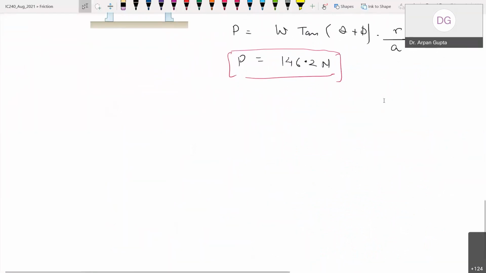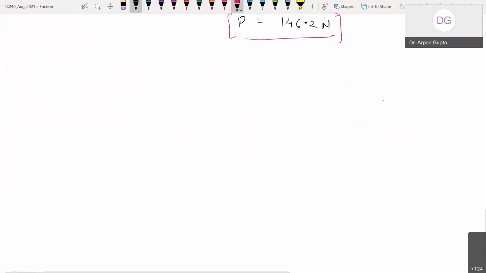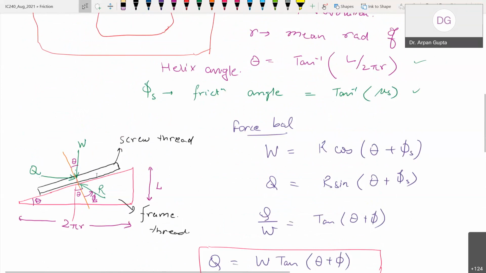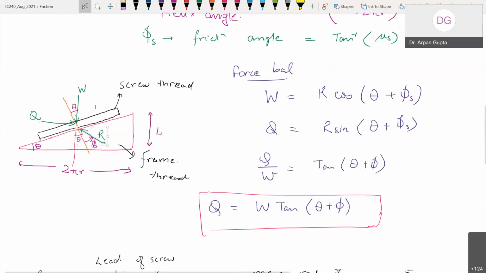So let me continue with this. Now if I remove the force Q, let me copy this diagram again.